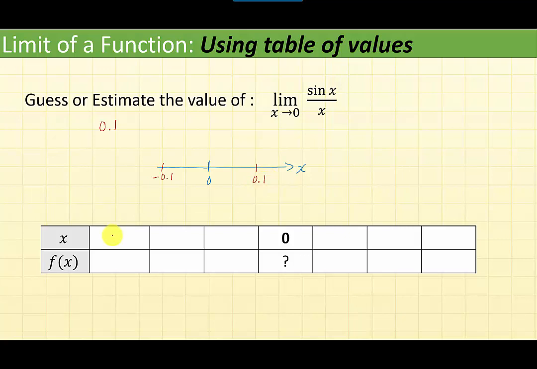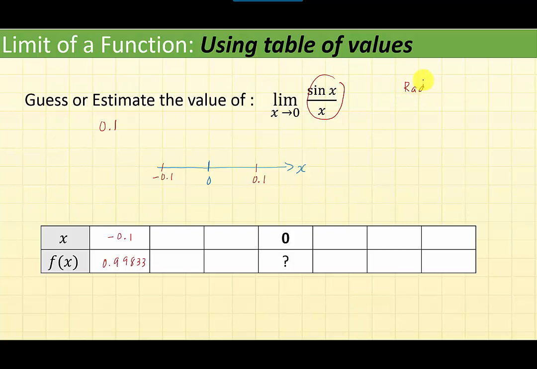When x equals negative 0.1, when I use my calculator, I get 0.99833. In your calculator, you can see your sine x, where x is the angle. So make sure we measure the angle here in radians.